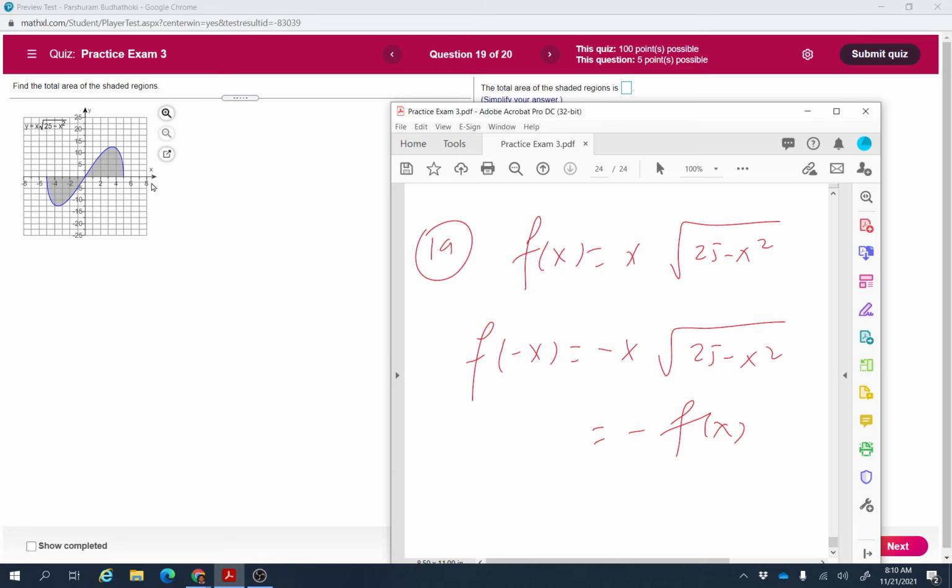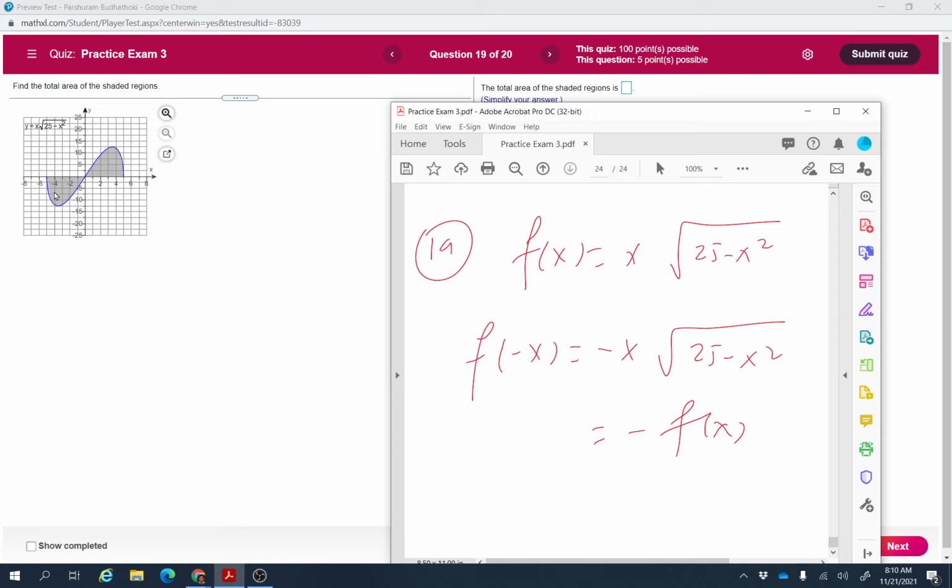So the integration of this part would be the negative of the integration of this part. To find the area, you find the integration of this part and then just double it, because this is the same as the integration of this one but negative.